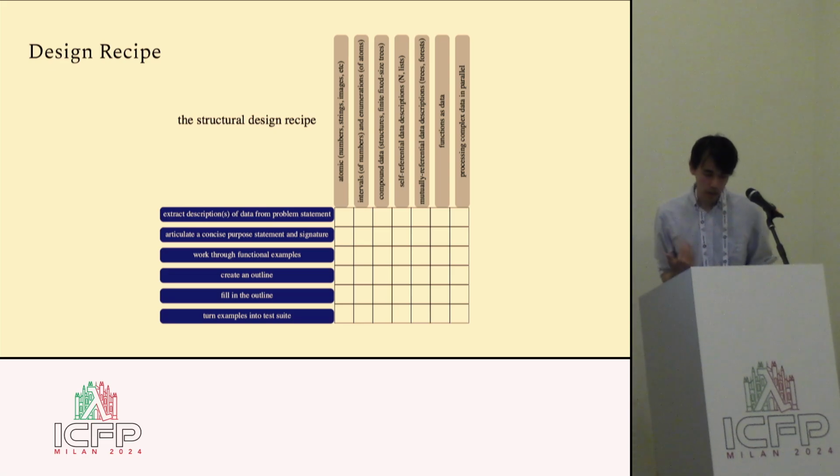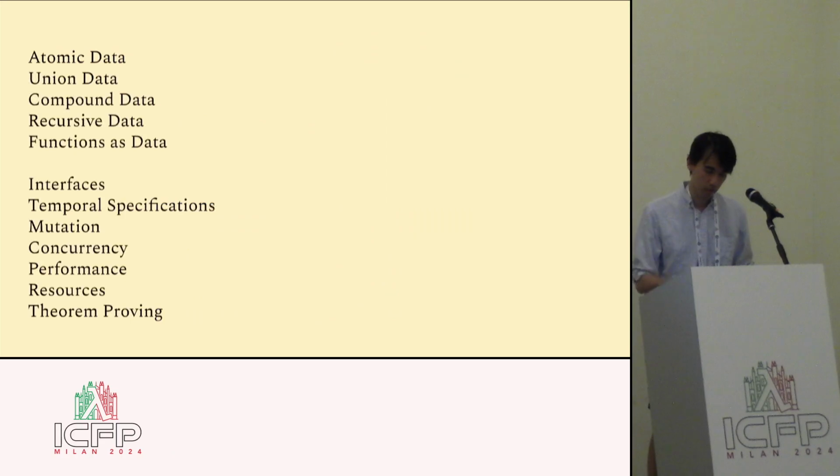We would like to follow this recipe as much as we could in Logic and Computation. In the first half of the semester, we do a very similar structure, but with a modified design recipe. We talk about atomic data, unions, compound data, recursive data, and functions as first-class values.